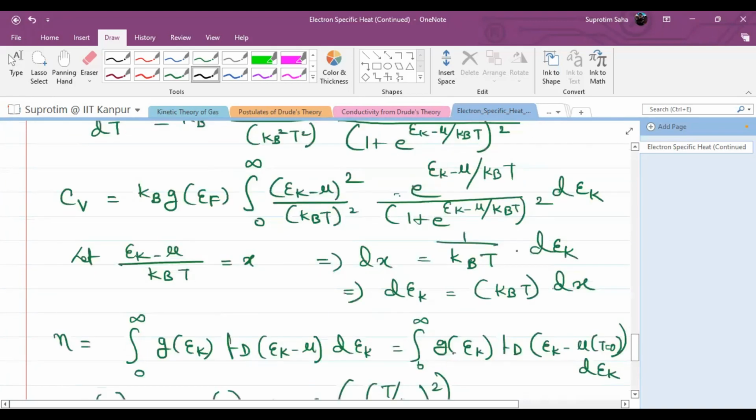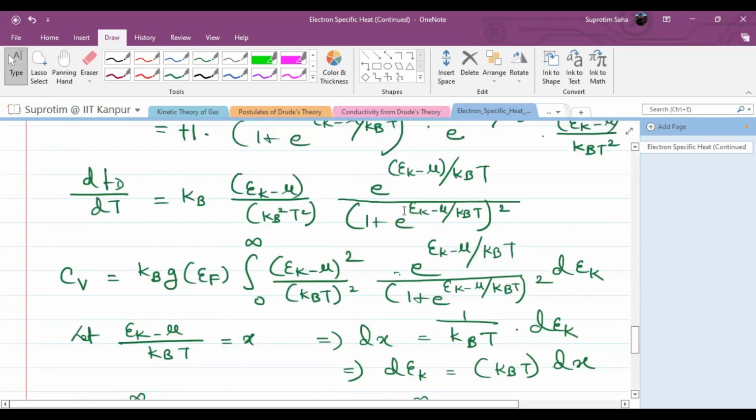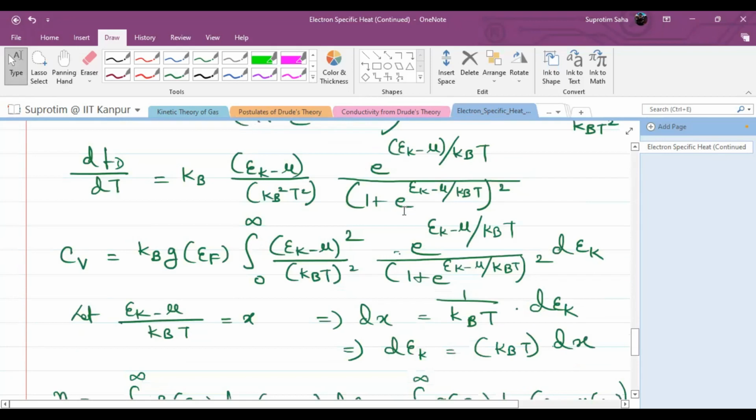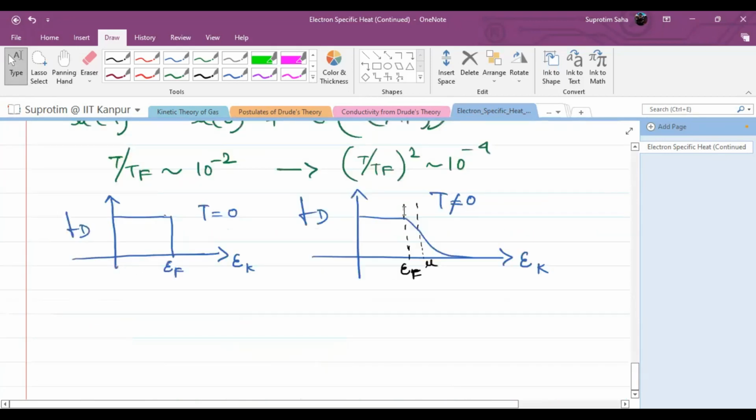This greatly simplifies our specific heat form, because in the exponential, as you can notice, you have E_k minus mu. So we can transform that.